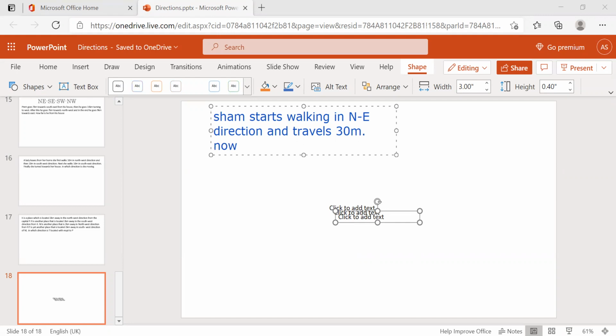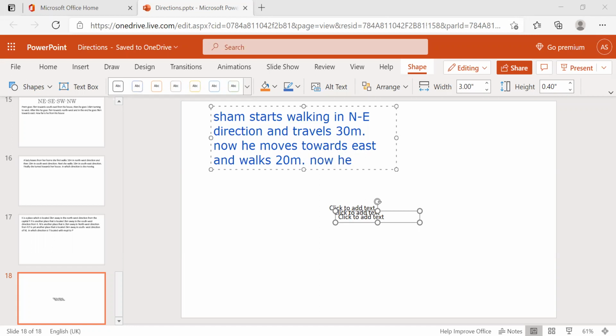Now he moves towards east and walks 20 meters.